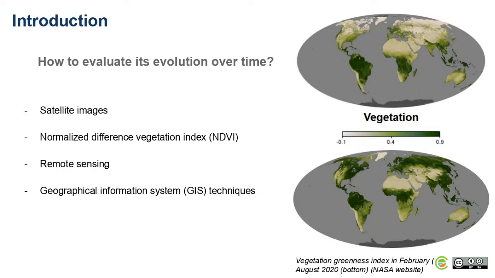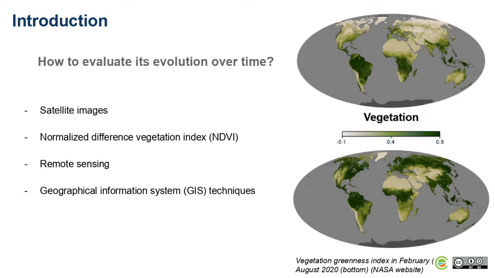We also have remote sensing, using geographic information systems to store and treat that kind of data, especially using vegetation indexes. Here, the famous one is the Normalized Difference Vegetation Index, NDVI. It is based on the difference in reflectance between the red, the visible band, and the near infrared.